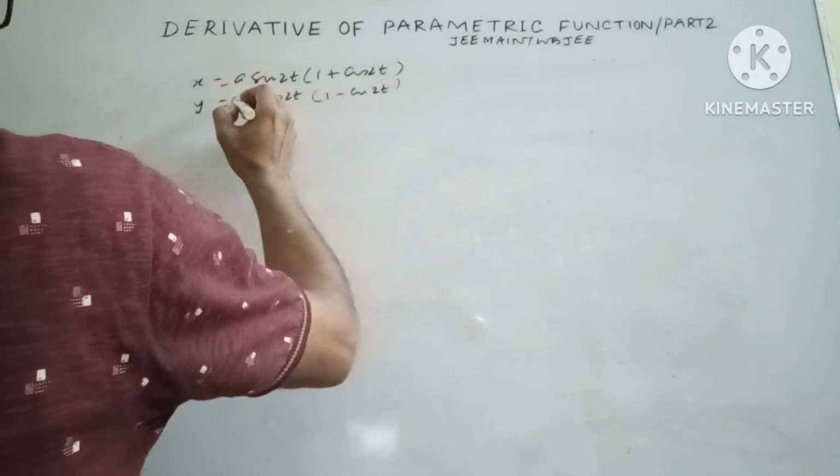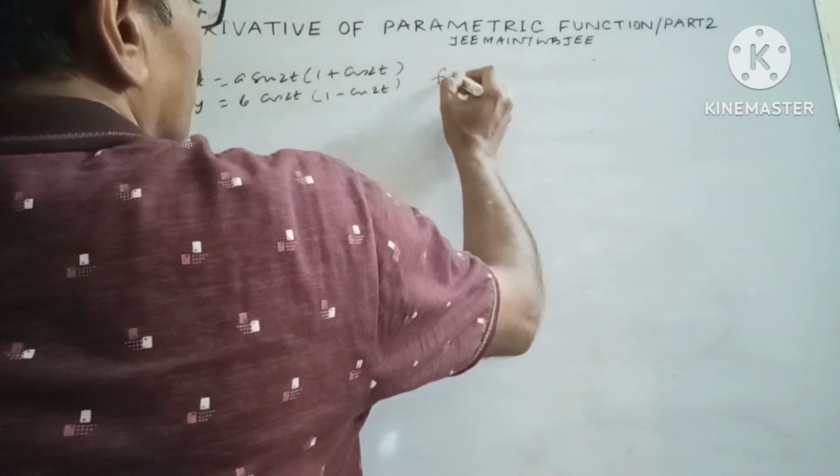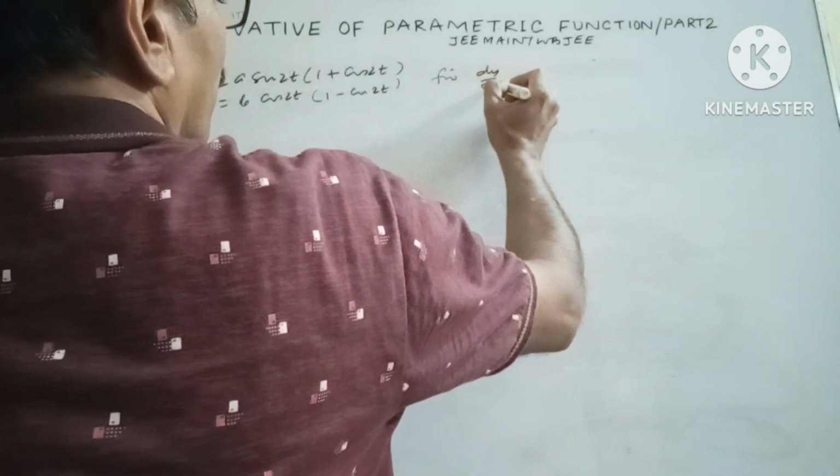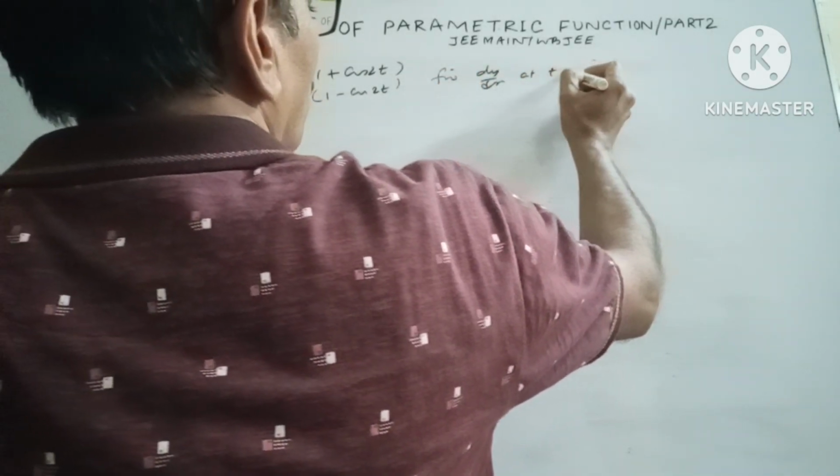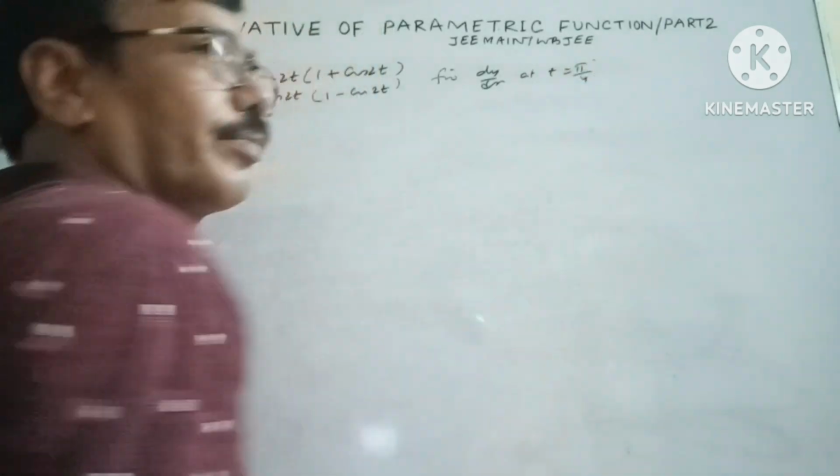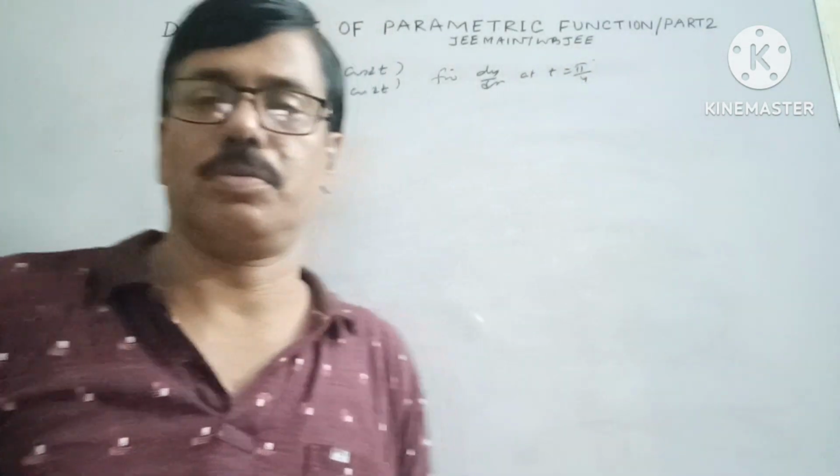So this is b. Find dy by dx at t equals pi by 4.